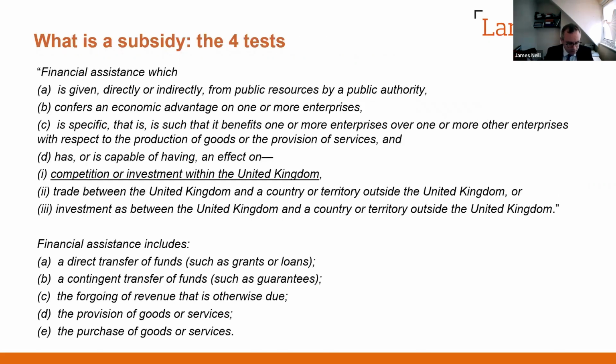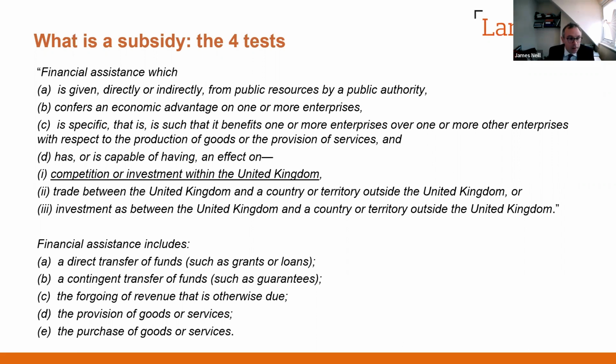So what is a subsidy? There are 4 tests for a subsidy under the Act. The key initial point is that it concerns financial assistance, and then there are four effectively tests under financial assistance to meet the definition of subsidy.